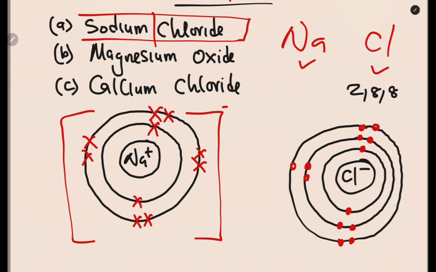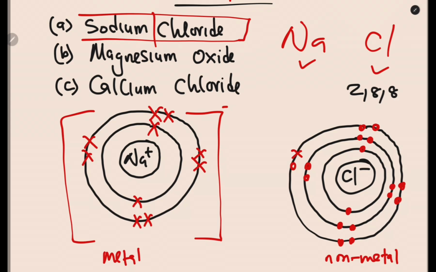Okay, now listen very carefully. We are saying this is the bonding that forms due to transfer of electrons from metals. This is the metal and this is the non-metal. So when a metal, sodium, loses an electron, in this case forming sodium chloride, the 1 electron that it loses is gained by chlorine.